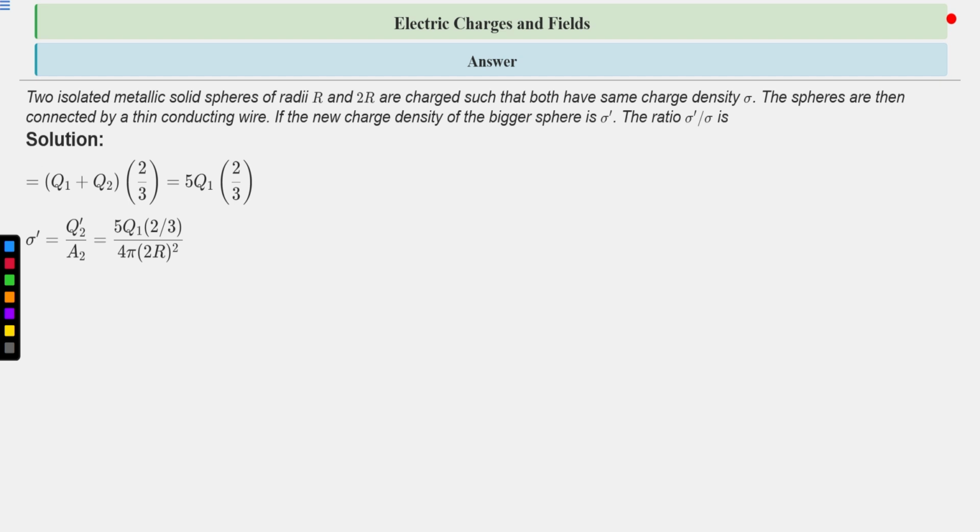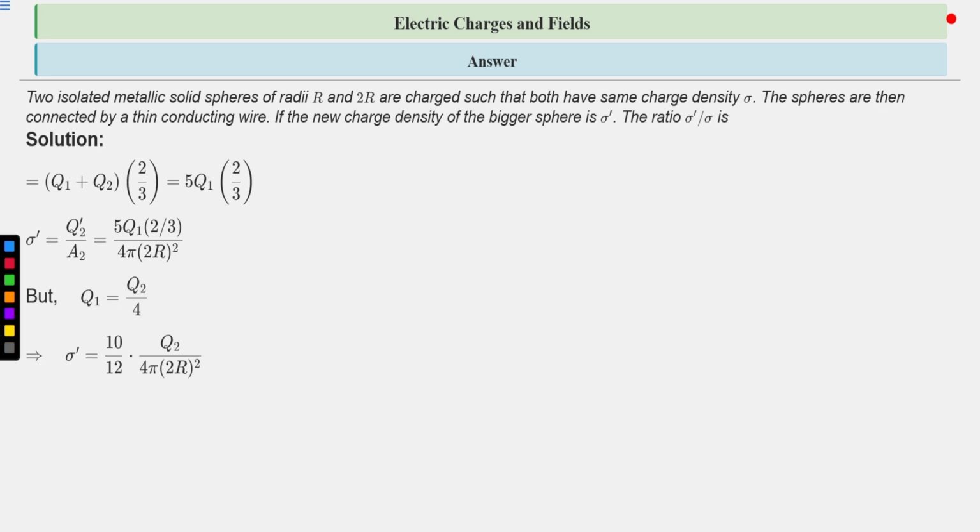And A2, the area of the bigger sphere, is 4 pi (2R) square. But also we know that Q1 is Q2 by 4. We have to find sigma prime in terms of Q2. So putting Q1 equal to Q2 by 4, we will get sigma prime equal to 10 by 12 Q2 by 4 pi (2R) whole square.